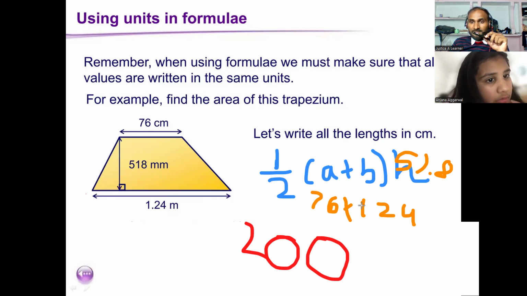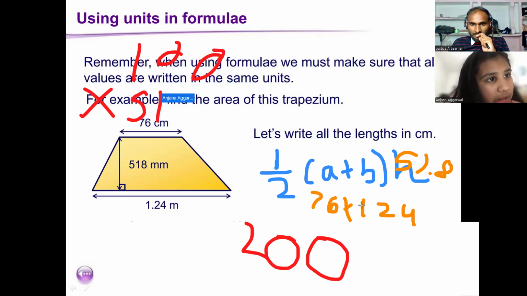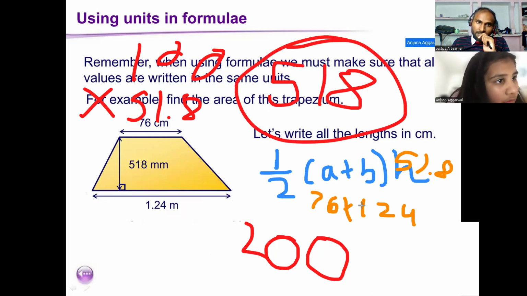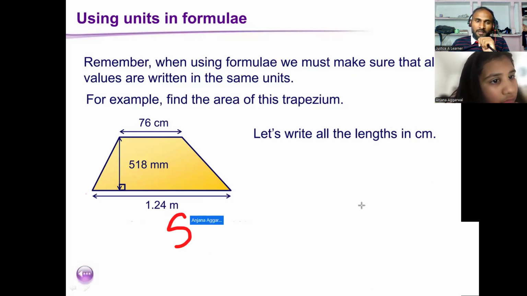Now 200 divided by 100 into 51.8 would return into 5, 1, 8, the answer 5180.